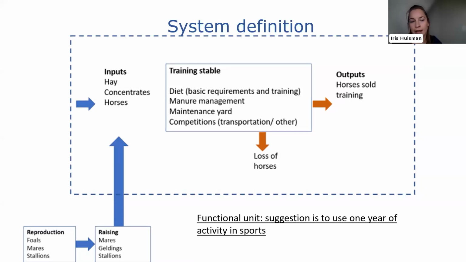So we first calculated the reproduction and rearing emissions, because otherwise you don't have the full emission. You need to take the history into account in order to calculate the full emissions from a sport horse.